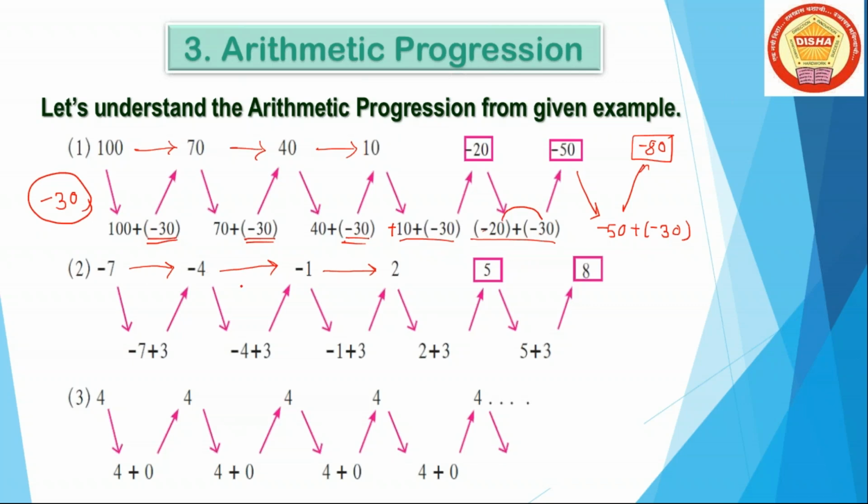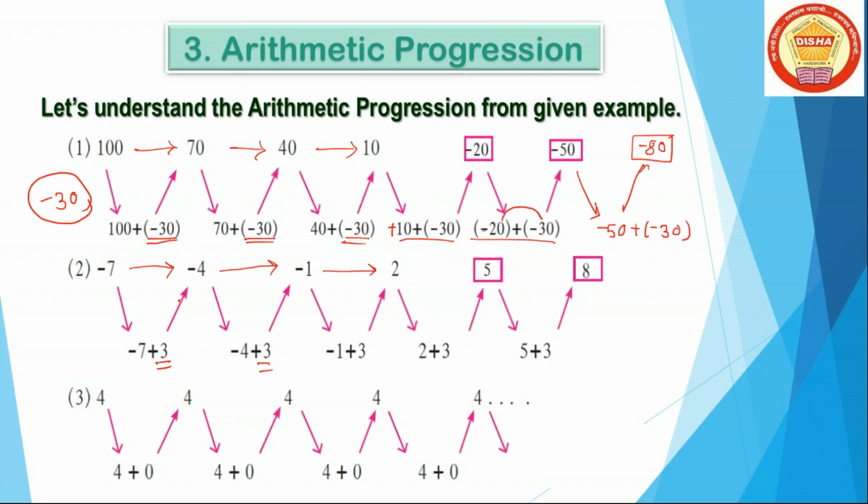It means all the terms are arranged in ascending order. Then we see what is the difference between them. Negative 7, negative 4, the difference is 3. It means negative 4 is greater than negative 7 by 3. Again negative 1 is greater than negative 4 by 3.